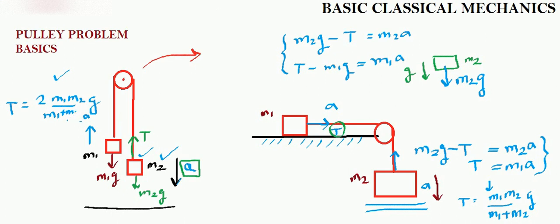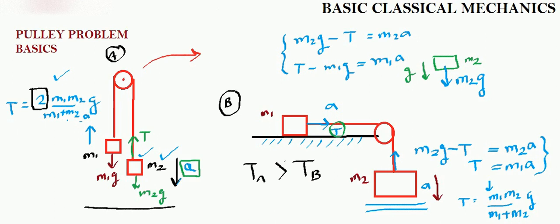In both cases, consider this is case A and consider this is case B, the tension is almost the same, just that in the first case we have an extra factor of 2. This means that the tension created in case B is less than the tension created in case A.